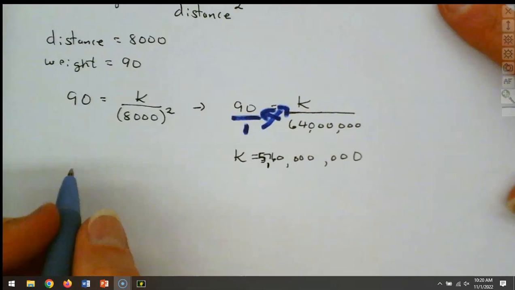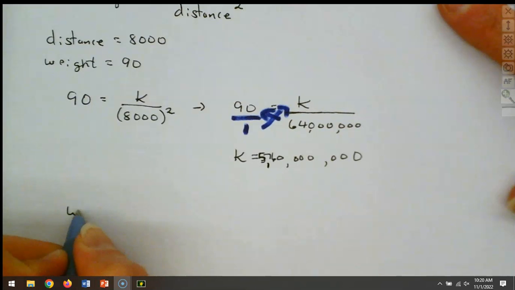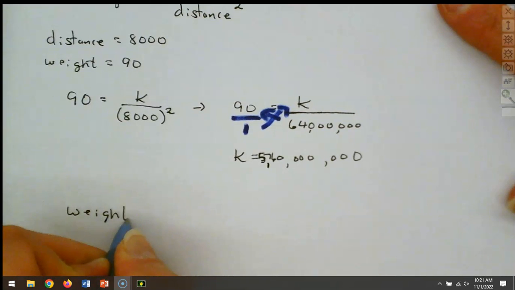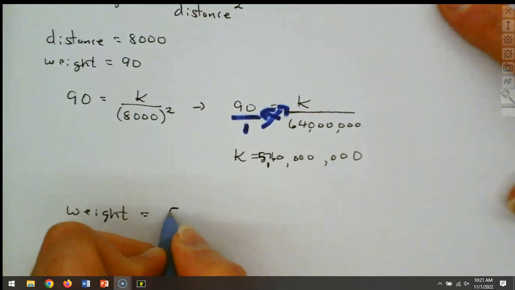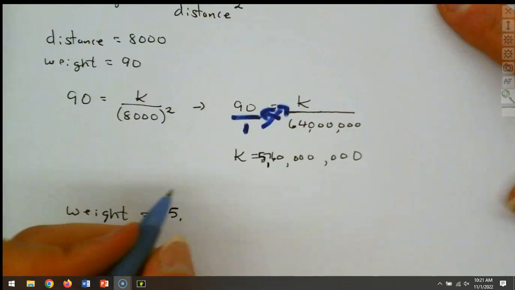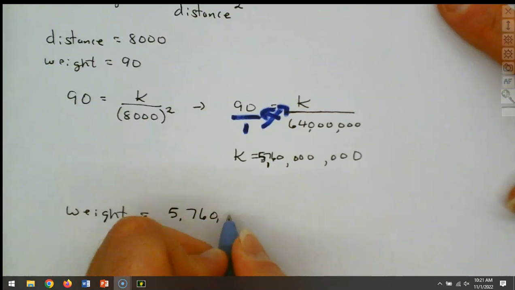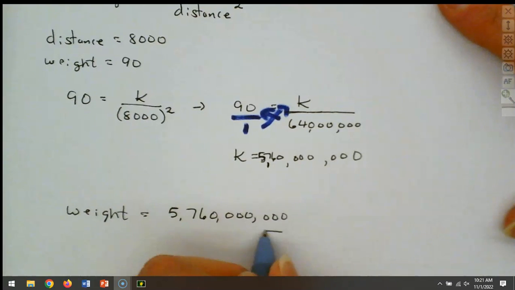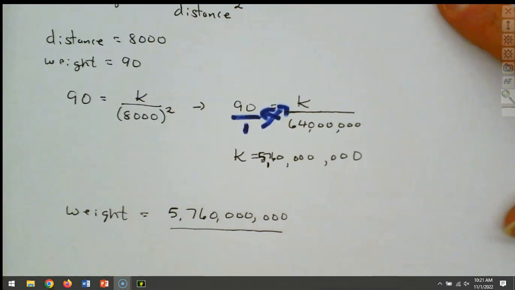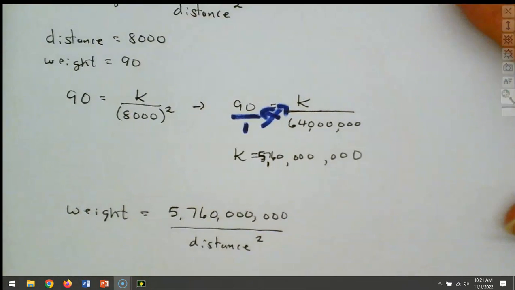Rewrite our formula. So now we know our weight. Rewrite our formula is going to be, and you can use scientific notation if you want. That's perfectly fine. If you would rather use scientific notation and you're comfortable with that, not a problem at all. And that's going to be over the distance squared. So there's our formula.